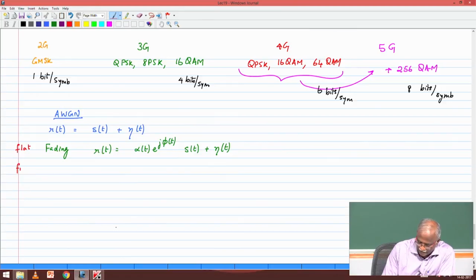The other type of fading channel is frequency selective. That means there is time dispersion. Frequency selective fading means there is at least one additional multipath component.